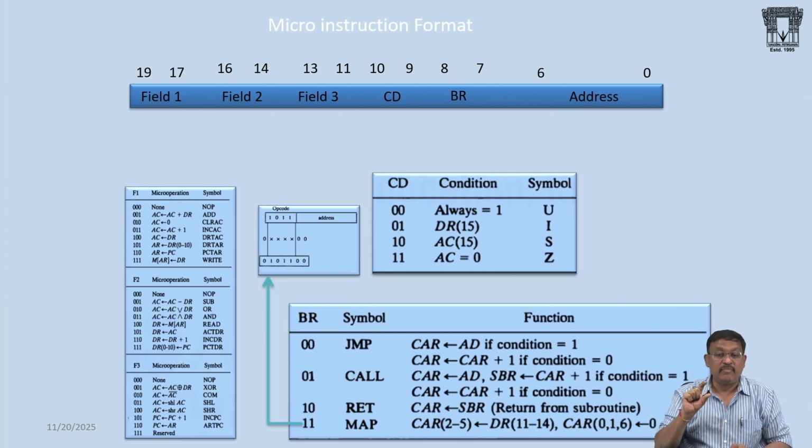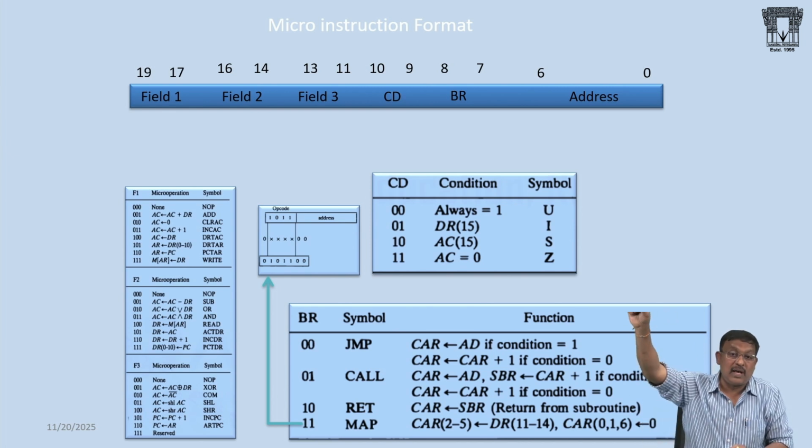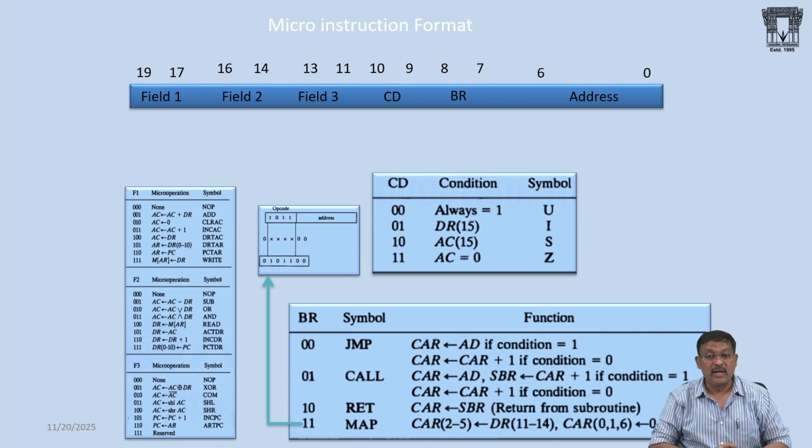Call and return are used for subroutine instructions. You are branching to the address location of the subprogram. The address of the subprogram is loaded into the CR register. The next address is CR plus 1, the return address, which is stored into the subroutine register.